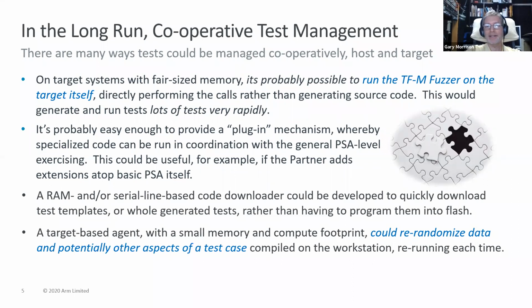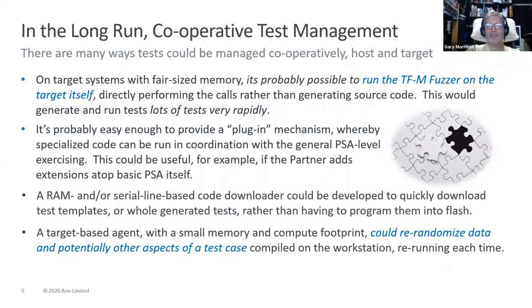And the advantage, of course, being that you could just run it continuously on the target, and anytime anything doesn't look good, you can report that. It's also conceptually easy as a first step toward a more cooperative arrangement between the target and the generated test. It's conceptually possible to provide a plug-in mechanism whereby the partners can plug in code that models other things that they are concerned might confuse the PSA implementation.